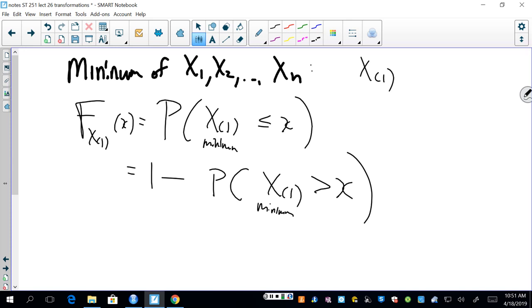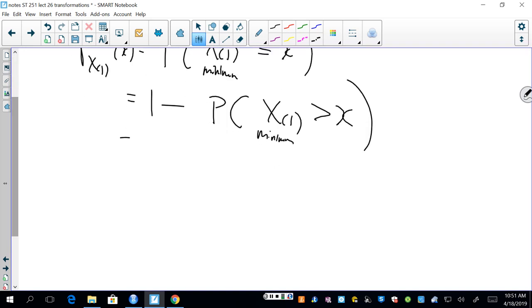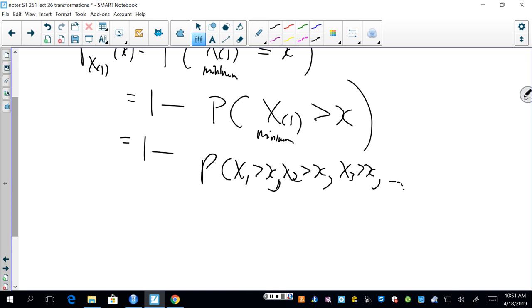So if the minimum is above some threshold, what does that tell you about all n observations? They all got to be big, right? X1 greater than X, X2 greater than X, X3 greater than X, Xn greater than X.